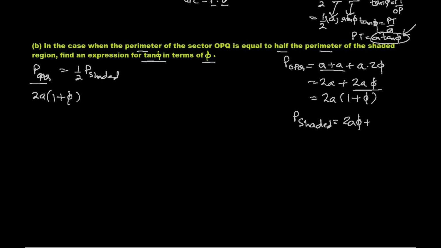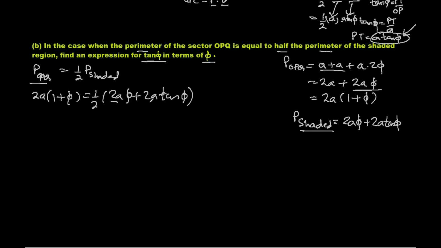So we will write 2 times A tan phi, as there are two of them. This is the shaded one. So we write here half, and then the shaded perimeter we just got, 2A phi plus 2A tan phi.